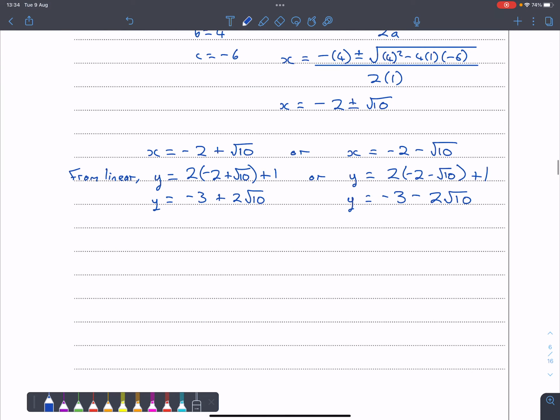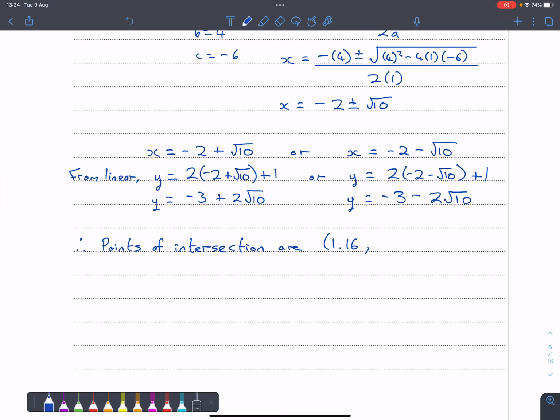Okay, now I'm going to write it to 2 decimal places, which is what we need. Therefore, the points of intersection are: if I take my first one, negative 2 plus root 10, that's 1.16.